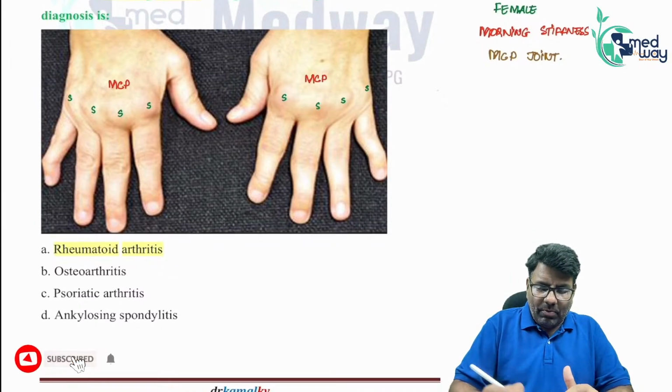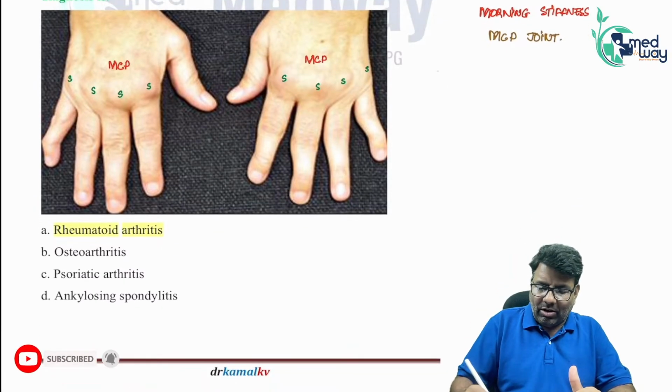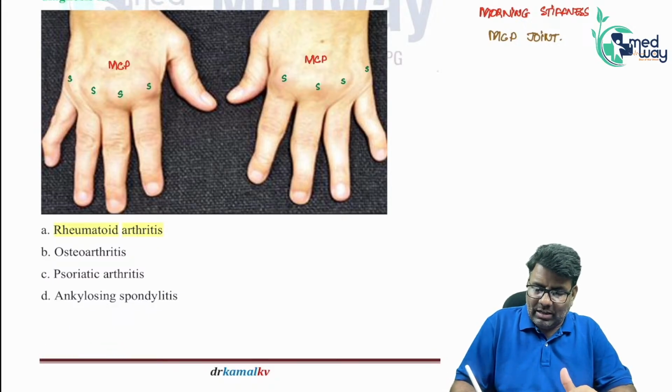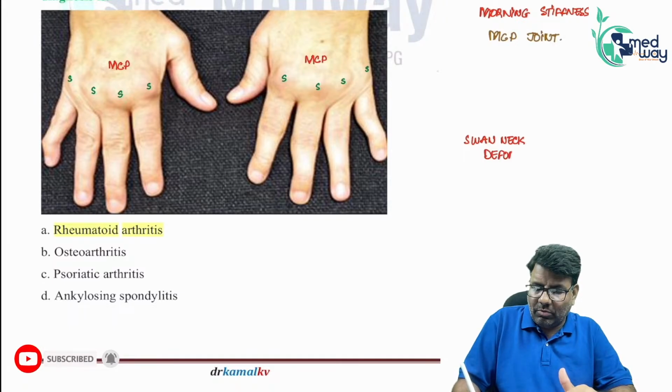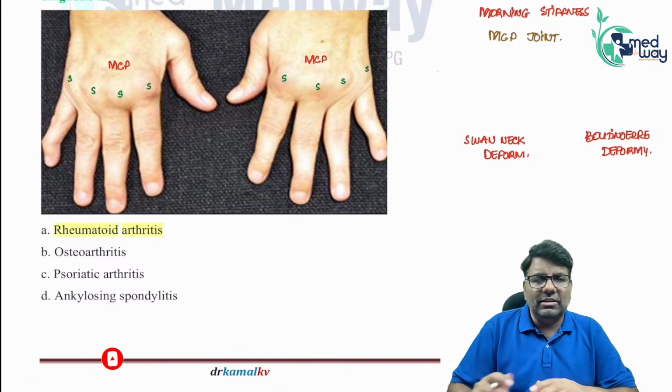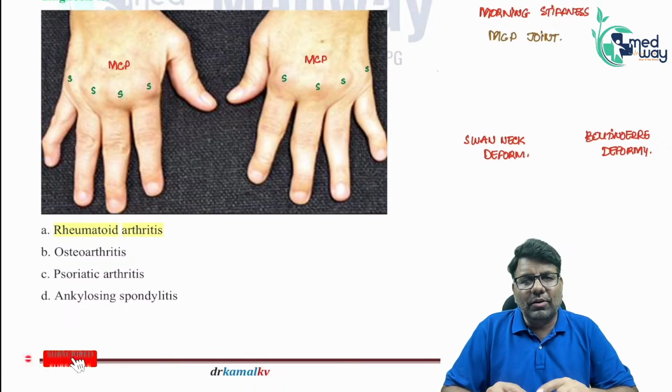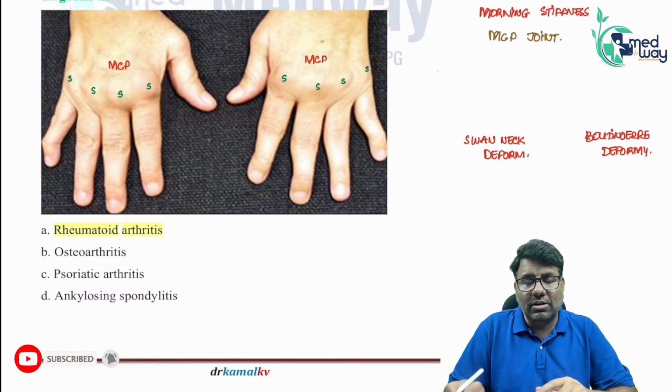Okay. Now, in rheumatoid arthritis, you need to remember two deformities which can be seen. One is the swan neck deformity. Another is what we call boutonniere, or buttonholing. Now, these deformities are differentiated based on the attitude of the proximal interphalangeal joint and the distal interphalangeal joint.